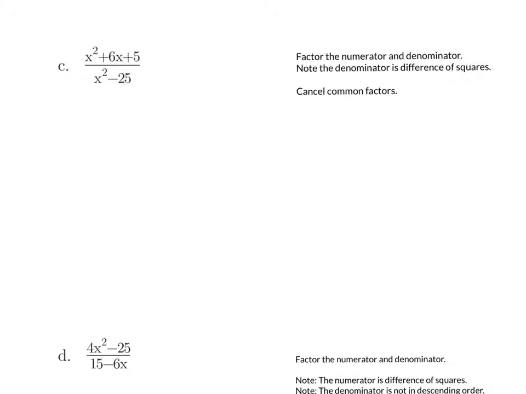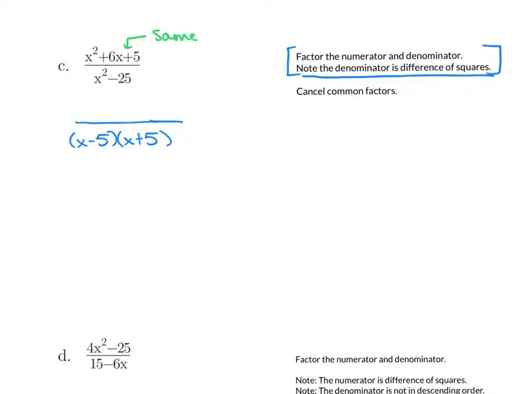Looking at example C, again, we want to factor the numerator and the denominator. One thing I note about this problem is the denominator is difference of squares. So let's start with that since it's easier. X squared breaks down to x and x, 25 breaks down to 5 and 5, and we have different signs. From there, I can use one of these factors for the numerator.